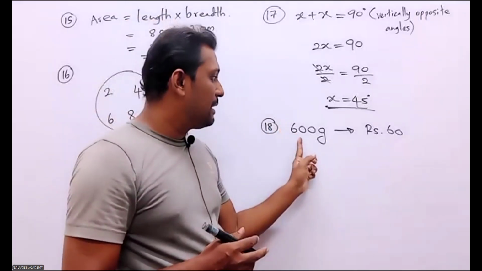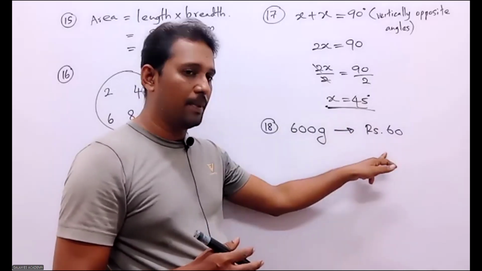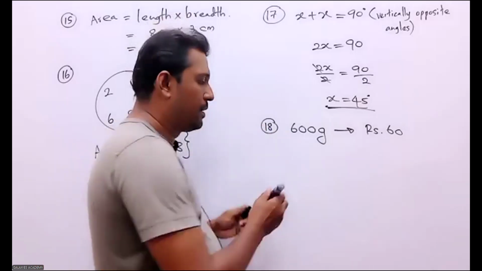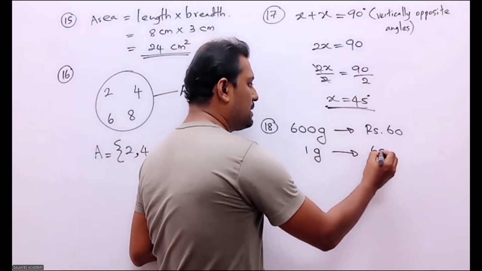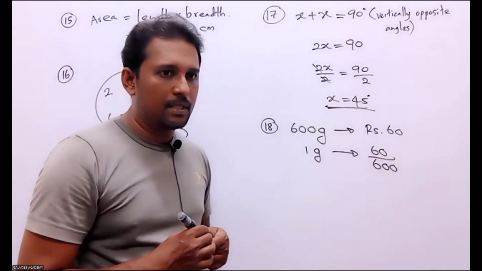If 600 grams is 60 rupees, you can find the price of 1 gram. 1 gram is equal to 60 divided by 600.